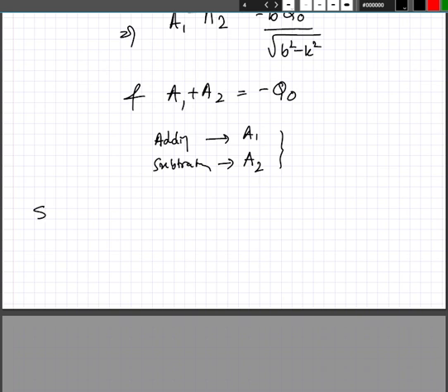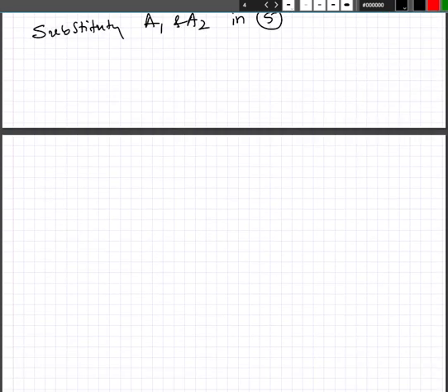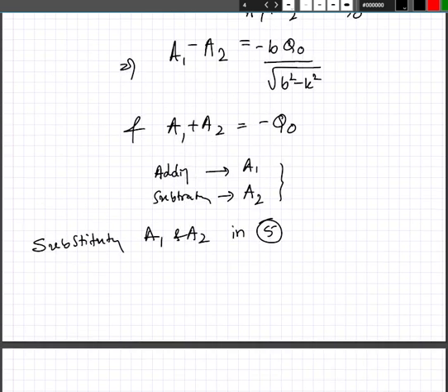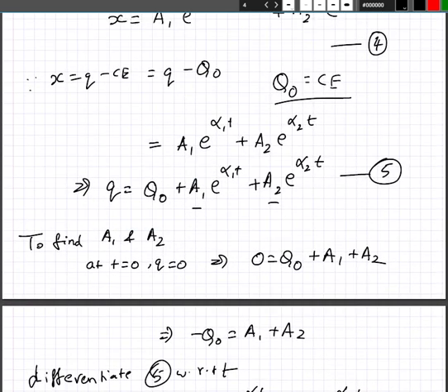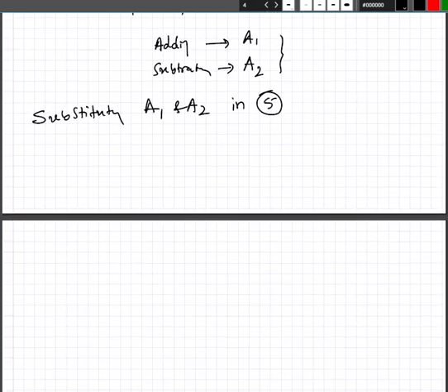So substituting A1 and A2 in equation 5. Where is the equation 5? We will see. Now this is the equation 5, so you have to substitute for A1 and A2 in that equation.